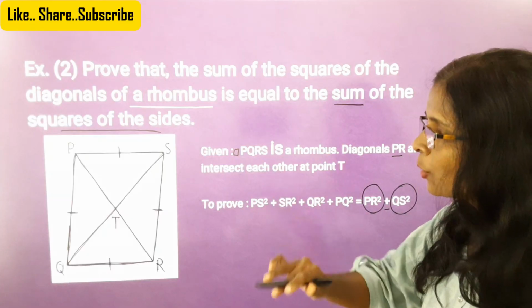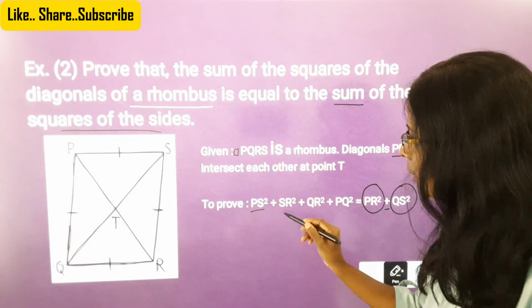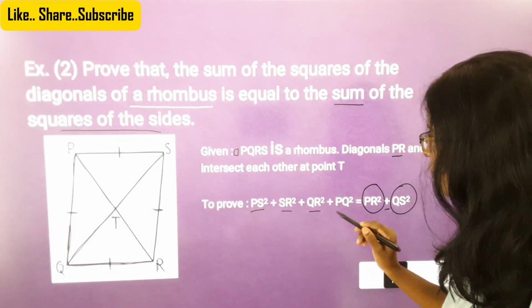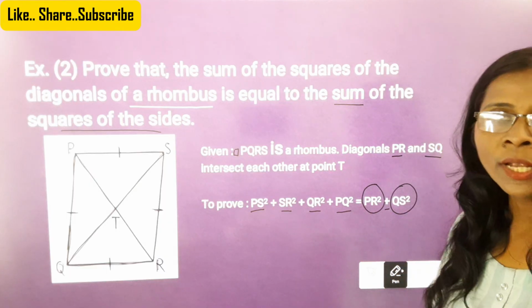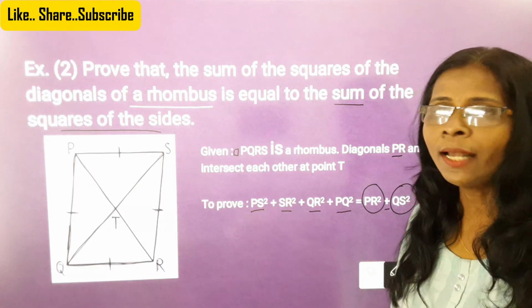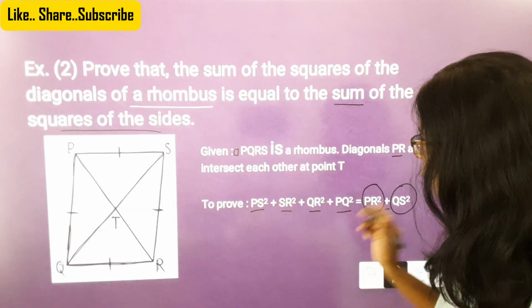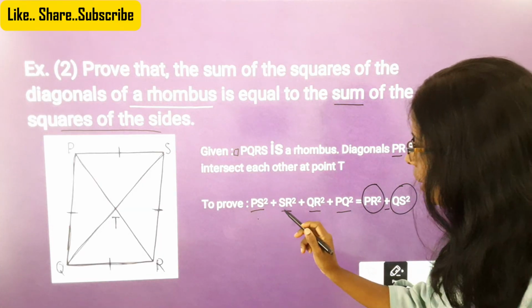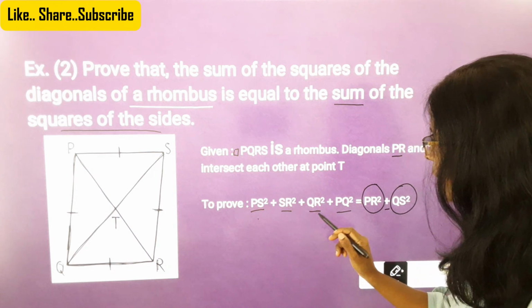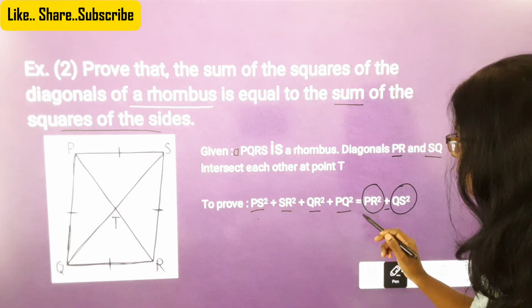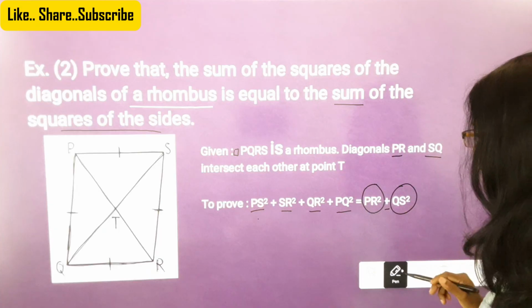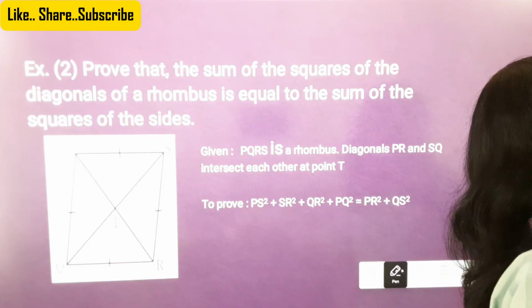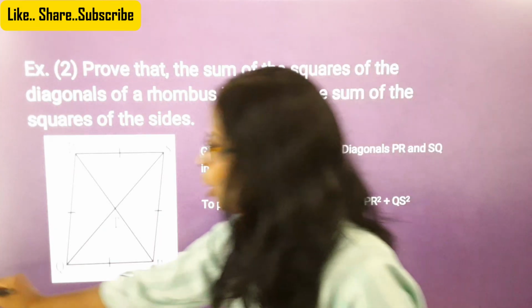So the squares of the sides mean PS square, SR square, QR square and PQ square. So here we have to prove that PS square plus SR square plus QR square plus PQ square is equal to PR square plus QS square, students. Now we have to prove it.